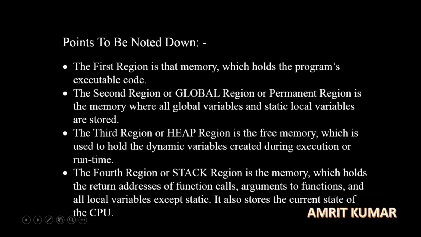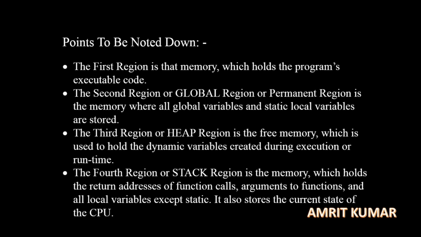Moving on to the next one, that is the second region or the global region. The second region, or global region or permanent region, is the memory where all the global variables and static local variables are stored. So every global variable as well as static local variable is going to be stored here in the second region, that is the global region, or what we say permanent region.